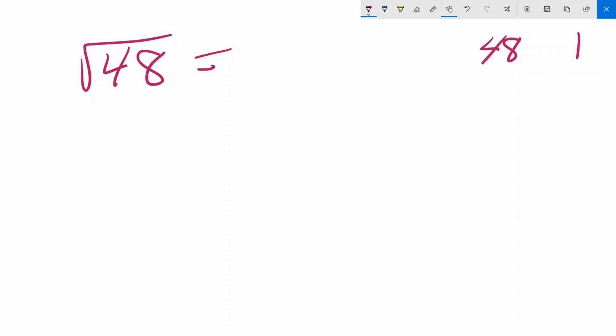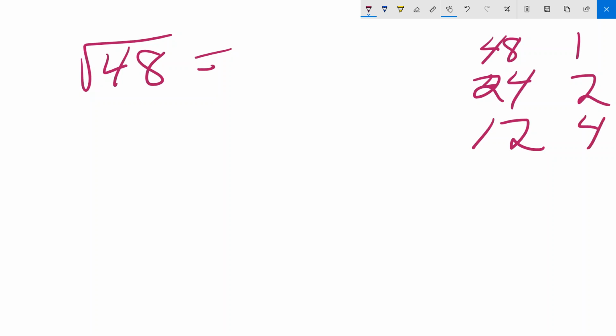How do I find a second set of factors? Go to 2 and 24. In other words, if I can cut 48 in half and double the other one, 2 times 24 is certainly 48. Can I do that same process again? Can I cut 24 in half? Yeah. 3 and 12, which means I have to double 2.